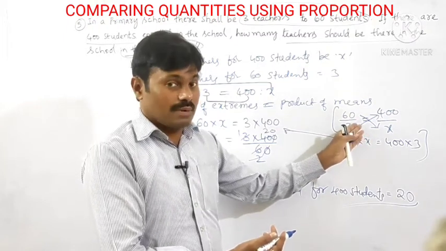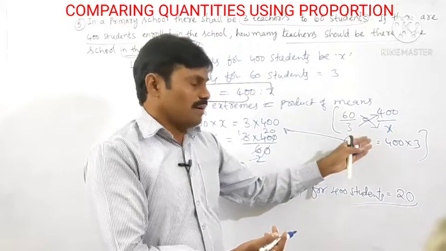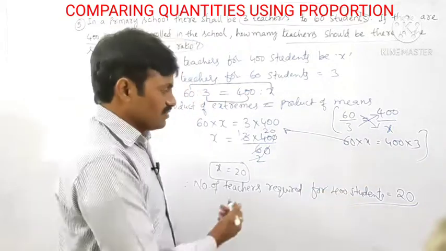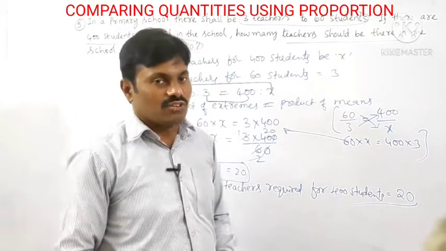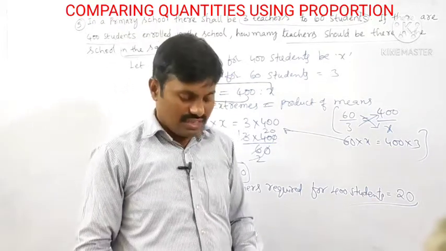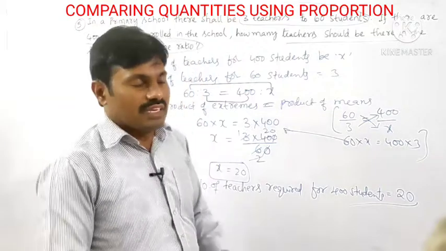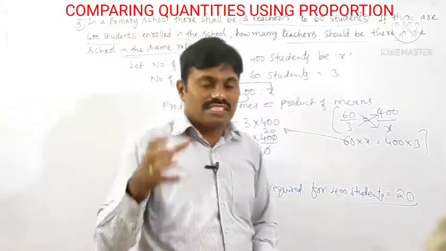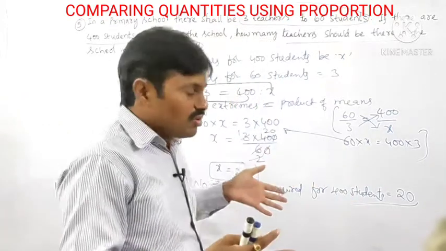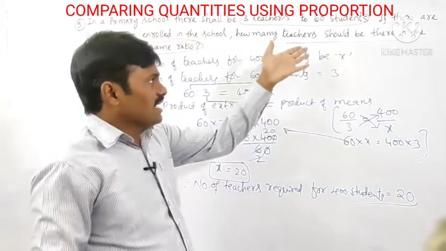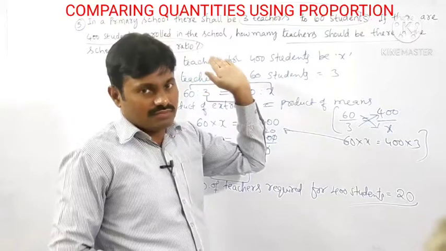By applying this concept we can solve this question. So what is the final answer? 20 teachers are required in the school, because the strength is 400 students. We know this clearly because they asked in the same ratio.